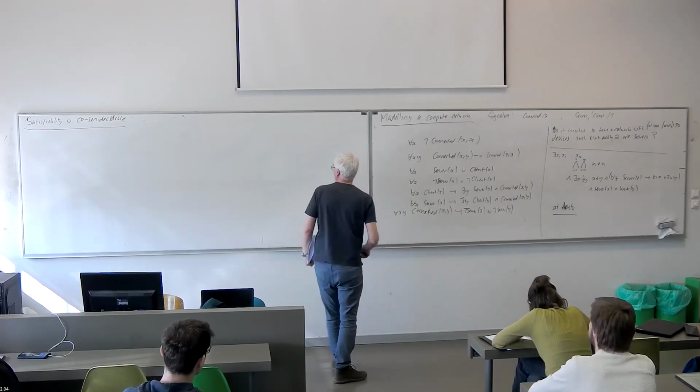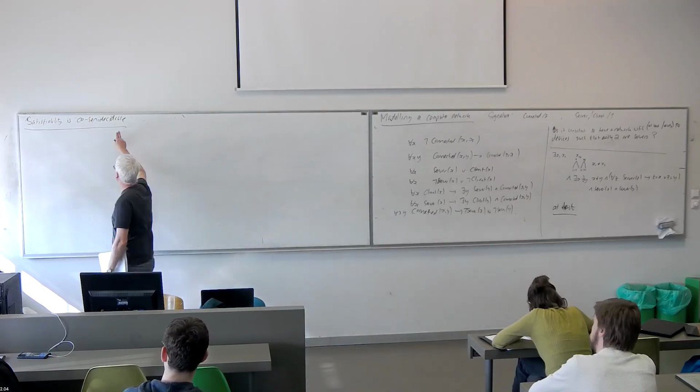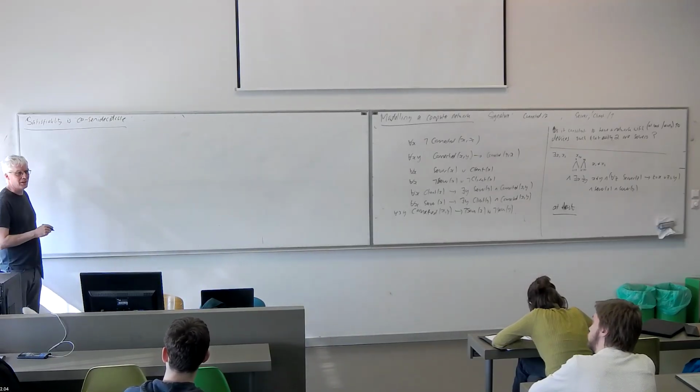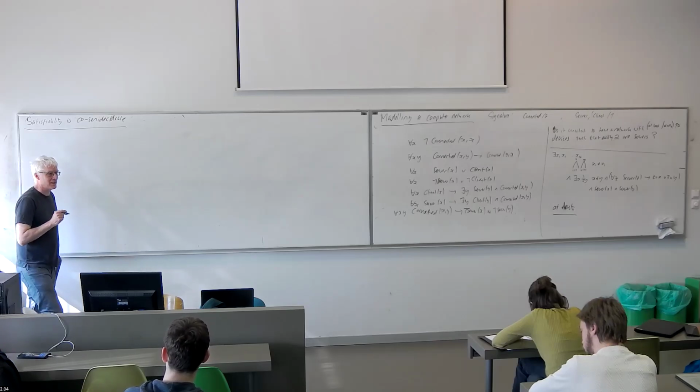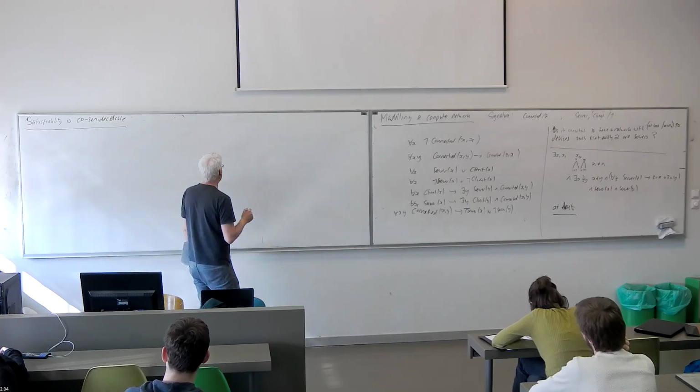The problem is satisfiability is co-semi-decidable, so we don't have an algorithm for it. But it turns out we do have an algorithm for finite satisfiability. So satisfiability by a finite model.